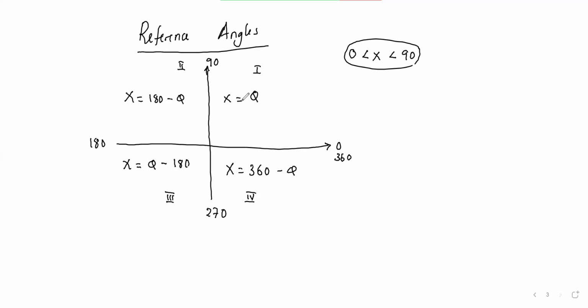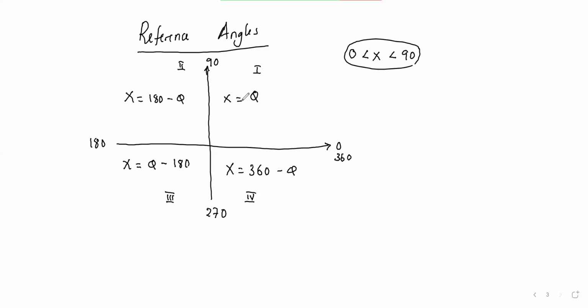I've got a question. Yes. What if theta is 90? If theta is 90, they won't ask you for its reference angle. Nobody will ask you to find its reference angle. Okay, then for the third quadrant, I saw somewhere where it was 180 plus theta.